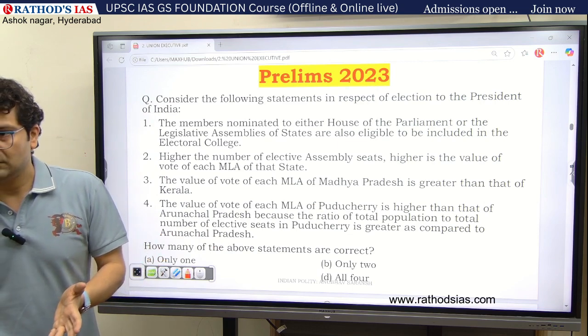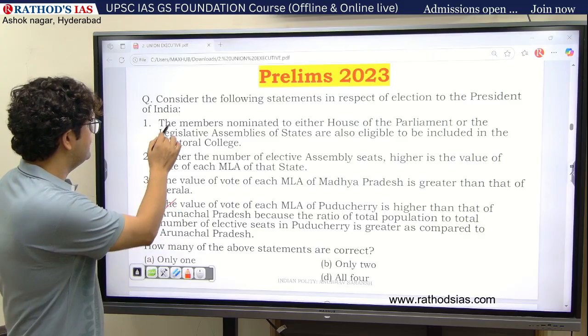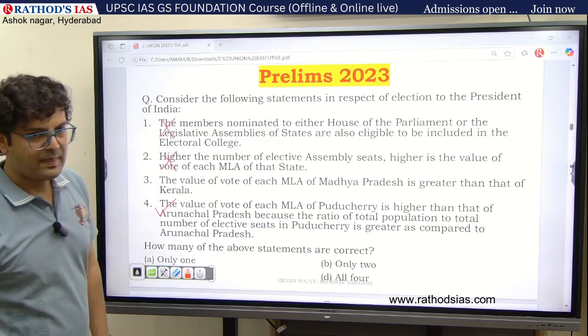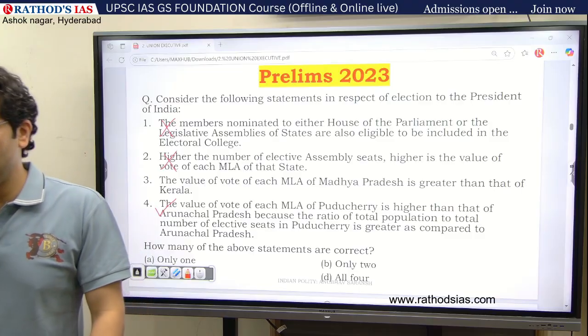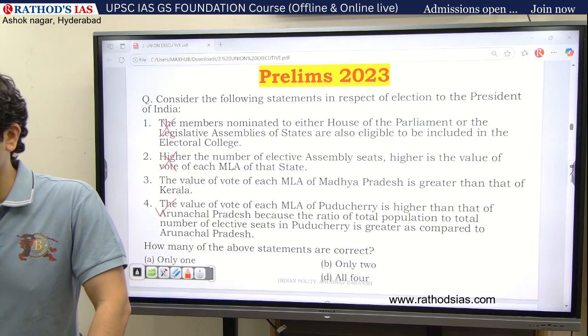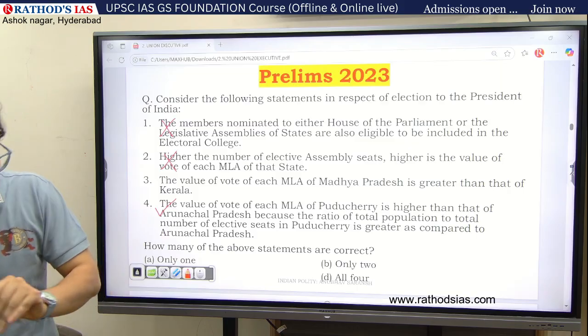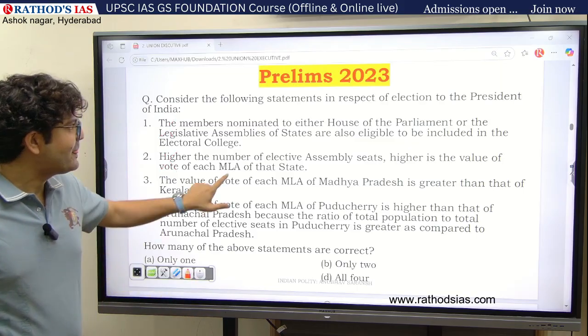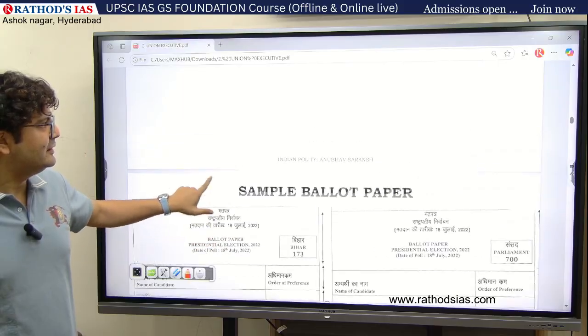Yes or no? Now, of course, you will say yes. This is correct. Wrong, wrong. Now, what about this? Any informed person, if he reads this statement, might feel, of course, more population, more vote value. Let's cross check with the data, which is slightly surprising.